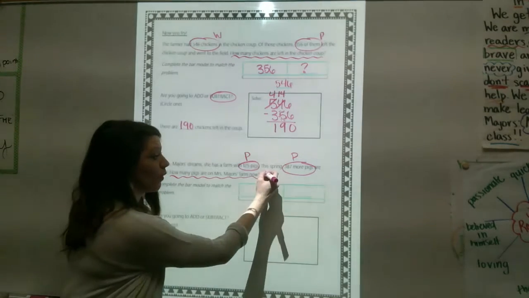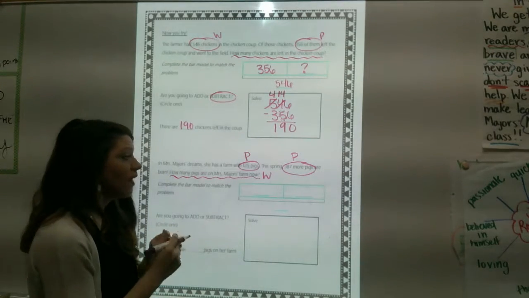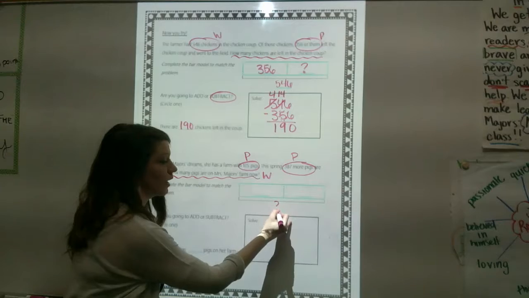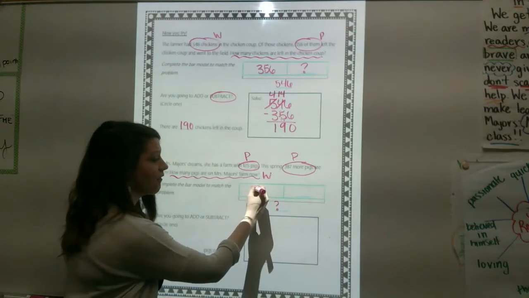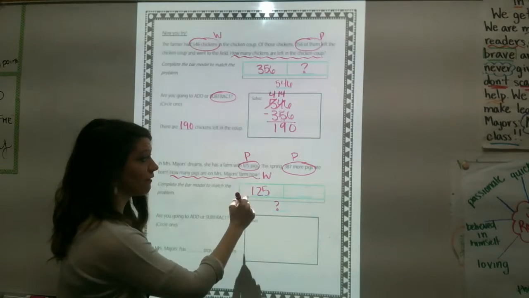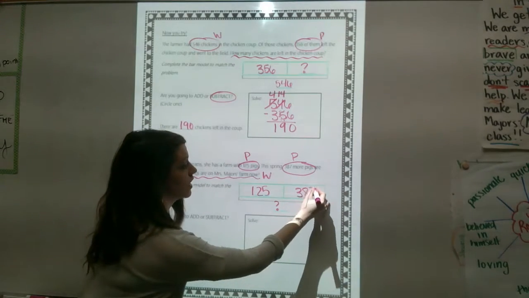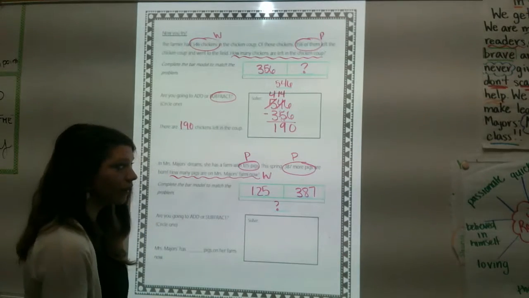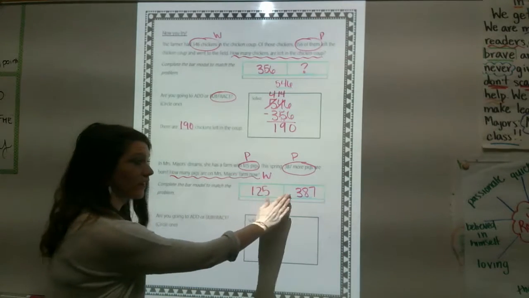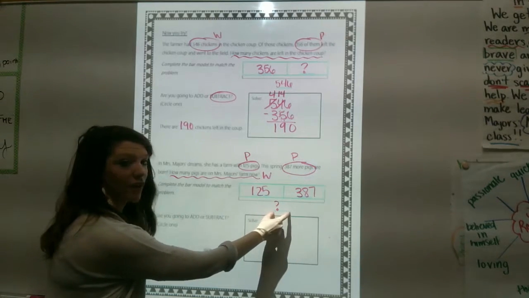So what I'm looking for is the whole. I'm looking for that total number of pigs that I have. So my whole here is what I don't have. I have the part of the pigs that I already had, 125, and then I have the part that were born in the spring, which was 387. So this is the part I had. This is the part that was born in the spring. And now I have to figure out how many I have all together.